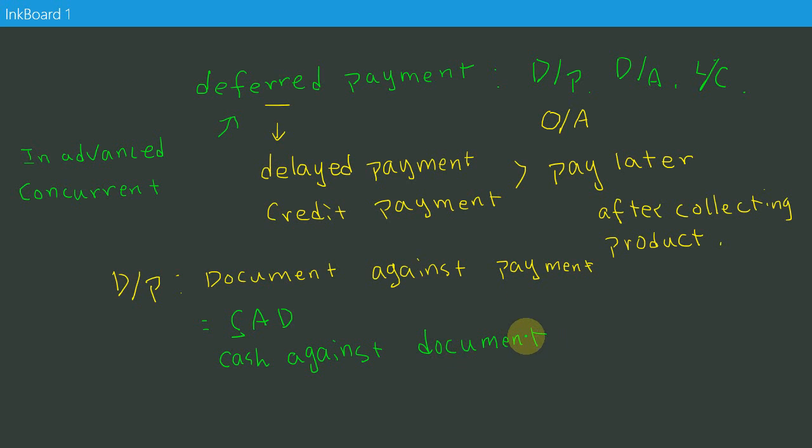Okay, let's compare two expressions and two terms: CAD, cash against document, and DP, document against payment.